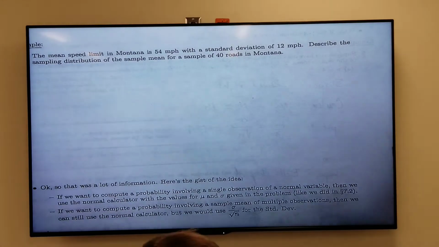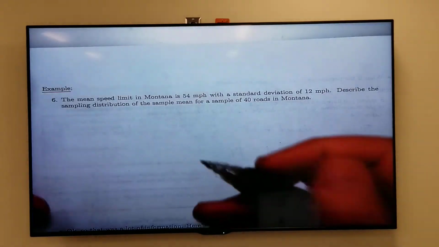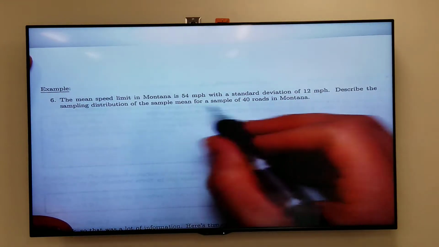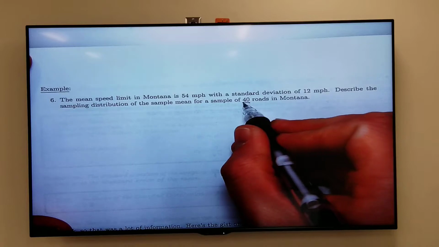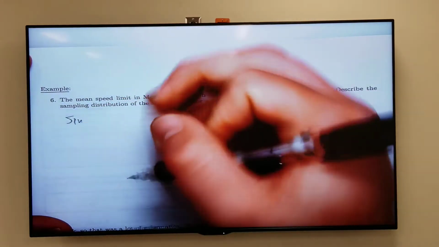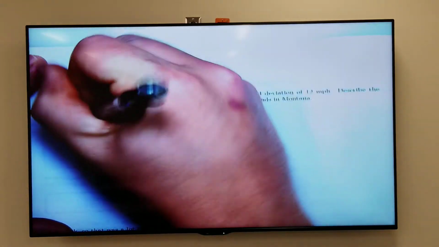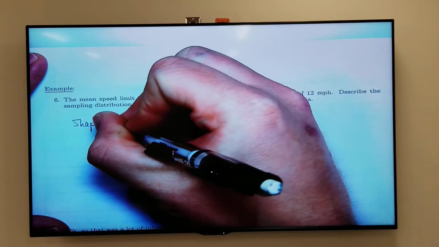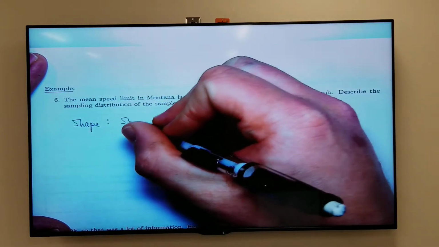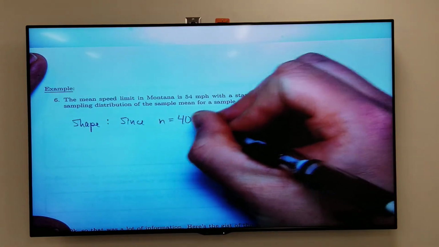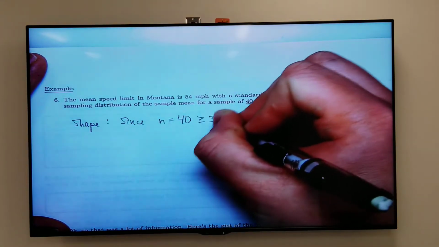Okay? So to do this, we would say, well, we know that we're talking about a sample mean of 40 roads, right? So our sample size is 40. And so let me write this out. This is to describe the shape. Okay, so as far as the shape is concerned, we can say since n equals 40, which is bigger than or equal to 30, right?